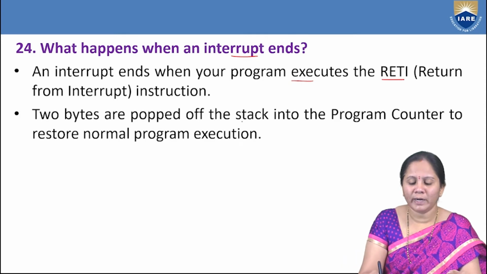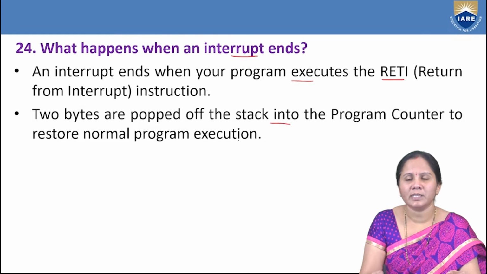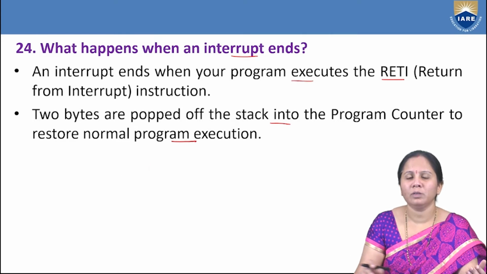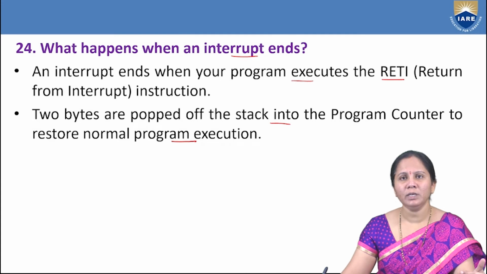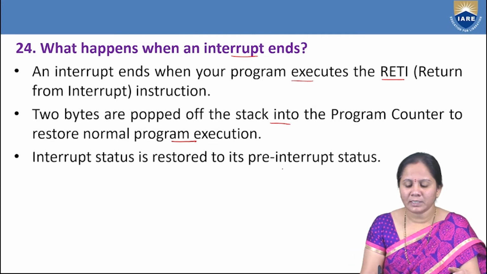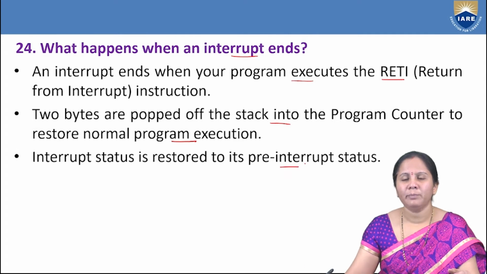Two bytes are popped from the stack into the program counter in order to restore normal program execution. Only then will the control go to the main program and execute the remaining lines. So the interrupt status is restored to its pre-interrupt status.